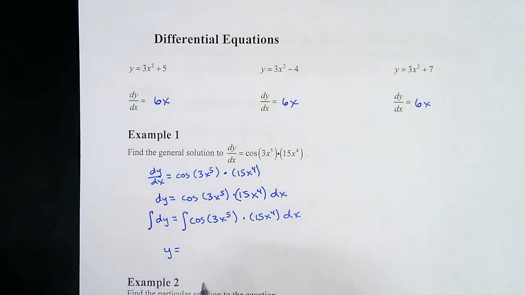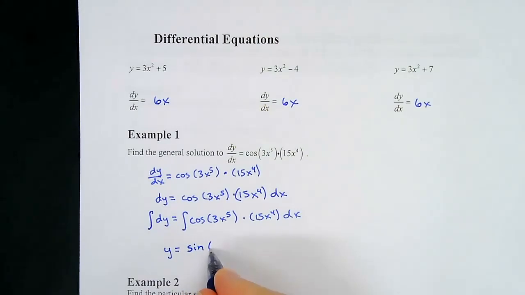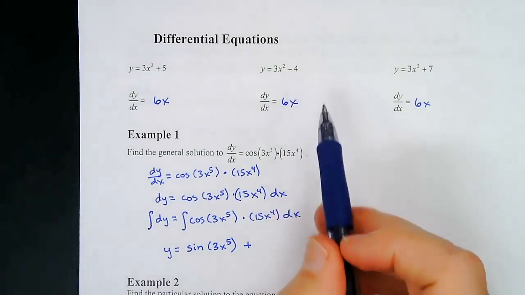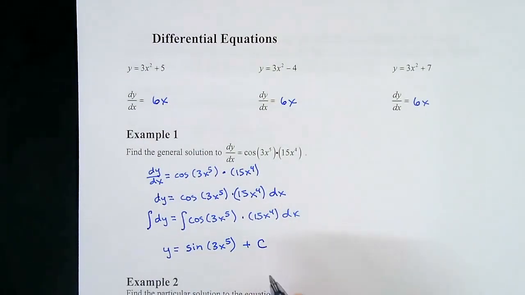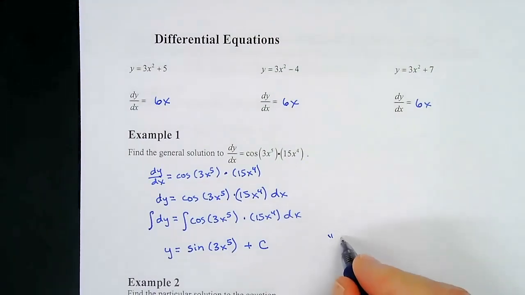That would be sine. And this part right here is just the derivative of this. So this winds up being sine of 3x to the fifth plus, and we have to remember from up here, some constant c. There's a name for this type of solution for this differential equation, and it's called a general solution.